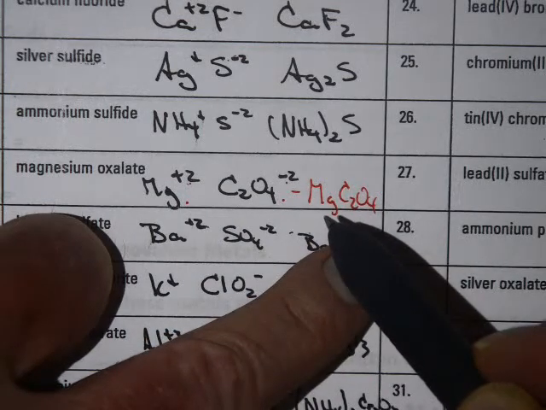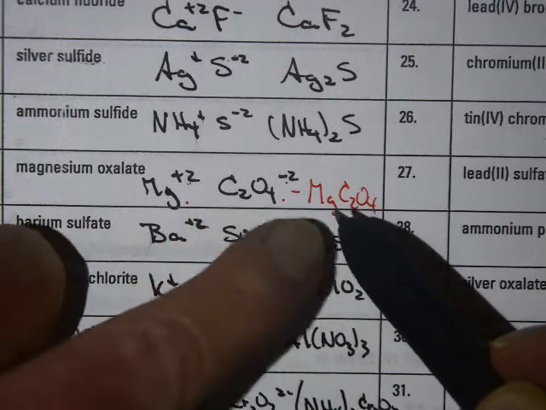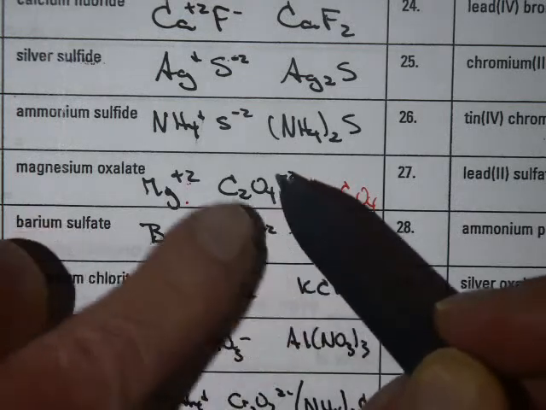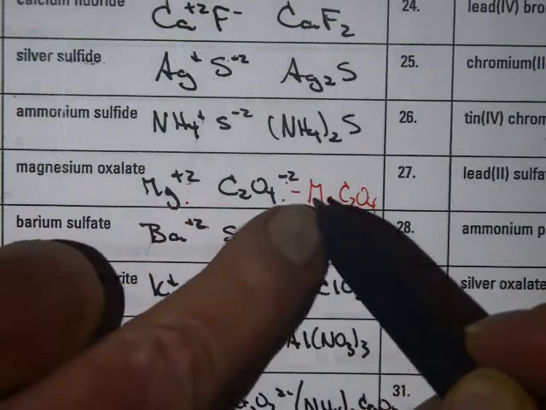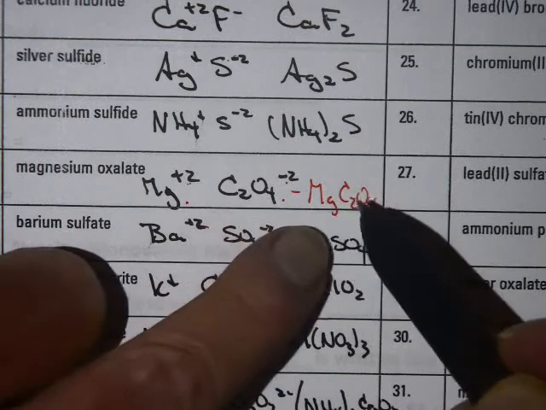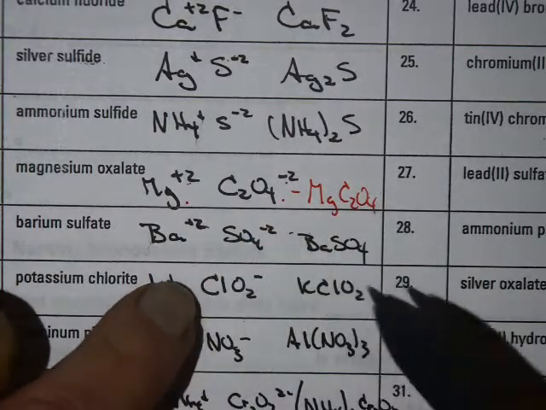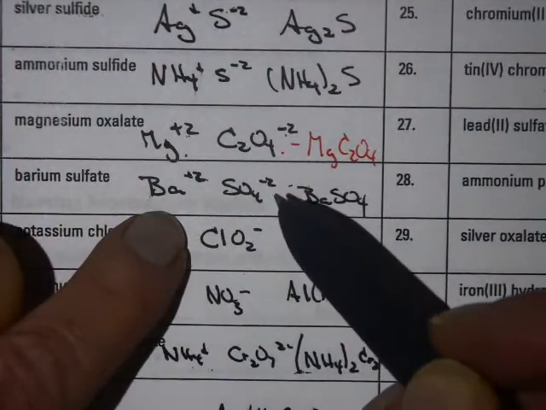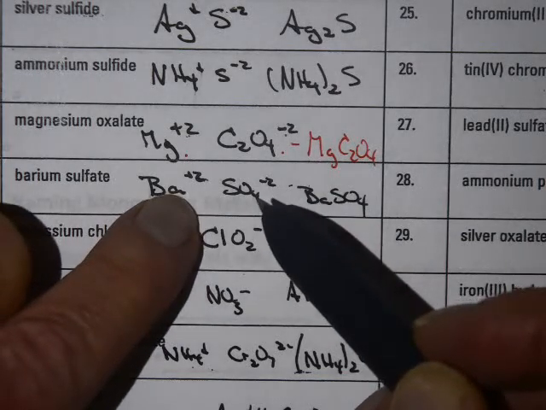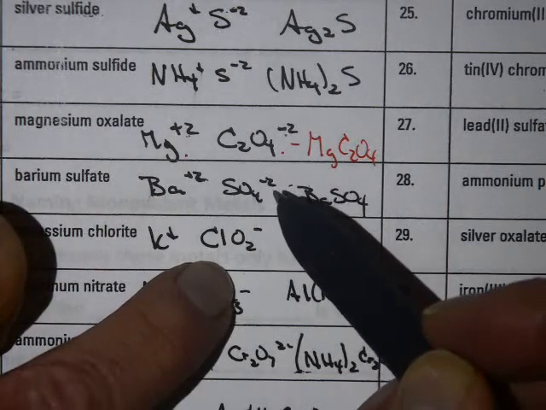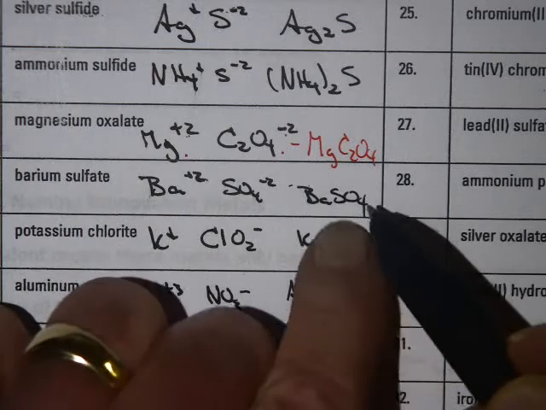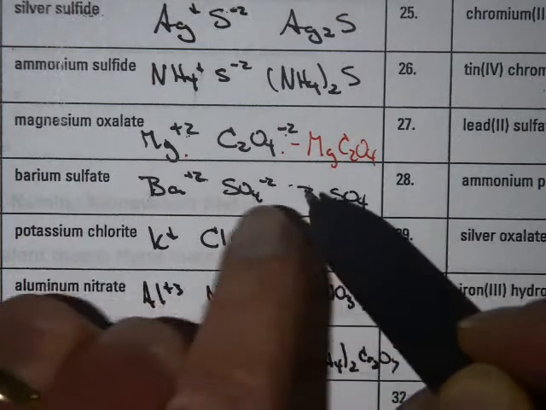Magnesium oxalate, magnesium +2, oxalate -2. When you do the switch, you have to reduce this one, because normally it'd be Mg2(C2O4)2. No, they balance, so that's an issue.